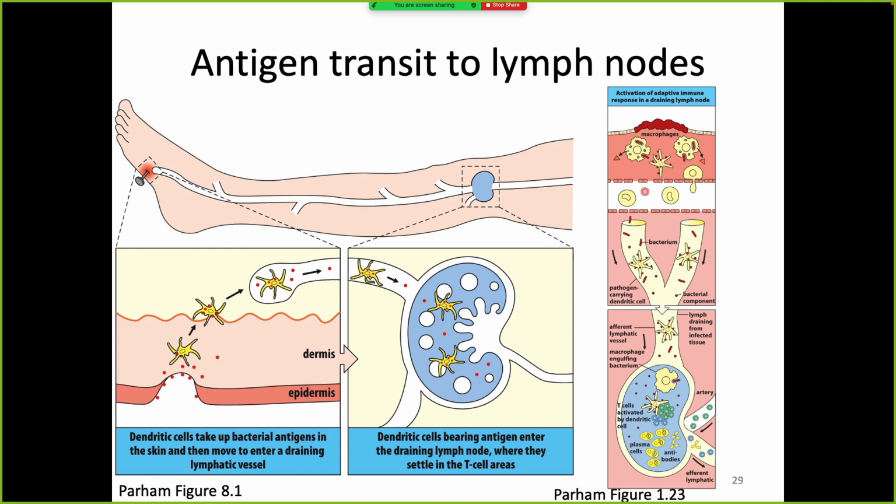As soon as they find something, they head to the lymph node. And so you can see we can also have our dendritic cells carrying antigen towards the lymph node. So getting the antigen to the lymph node isn't really that hard.